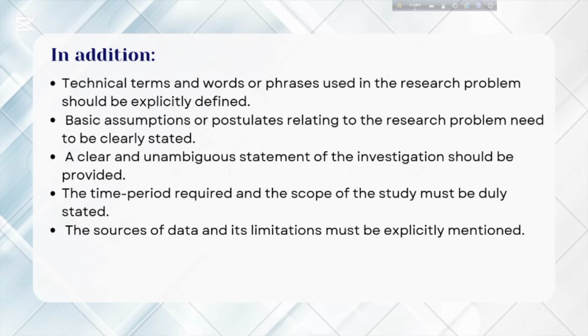Basic assumptions or postulates relating to the research problem need to be clearly stated. A clear and unambiguous statement of the investigation should be provided. The time period required and the scope of the study must be duly stated. The sources of data and its limitations must be explicitly mentioned.